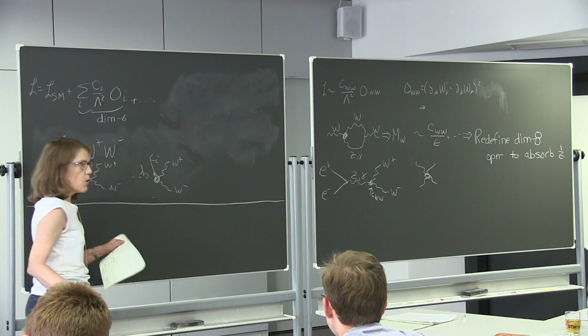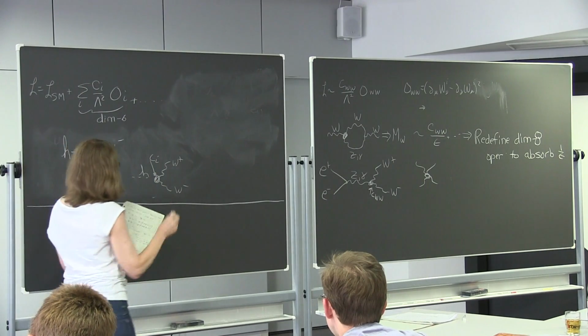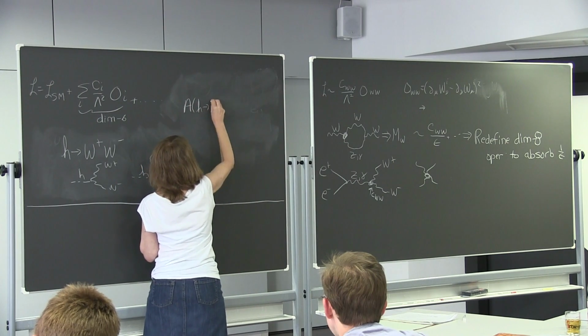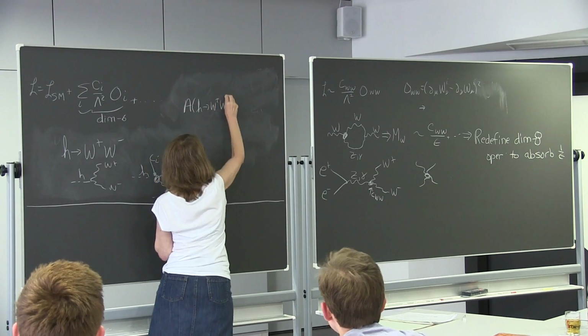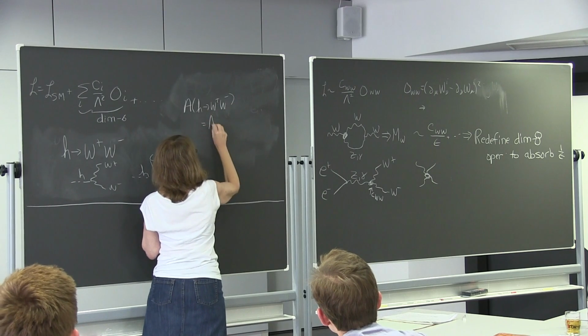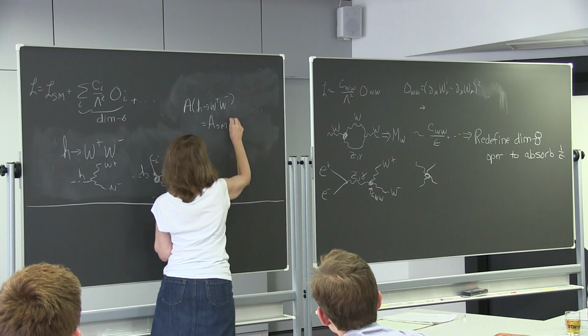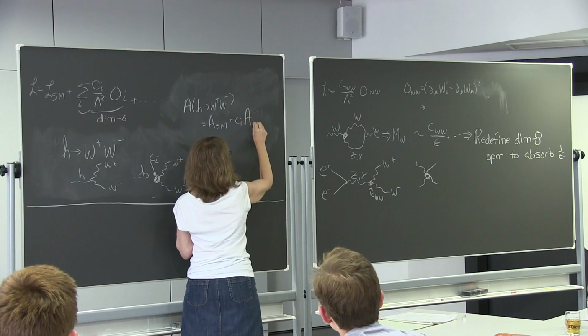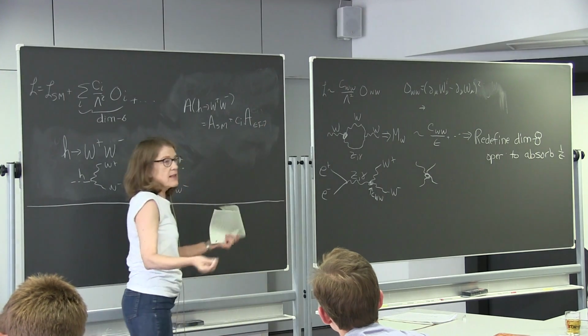Okay? So I calculate this thing, and I get the amplitude for h goes to W+ W- equals the amplitude standard model plus CI times the amplitude, what shall I call it? EFT.